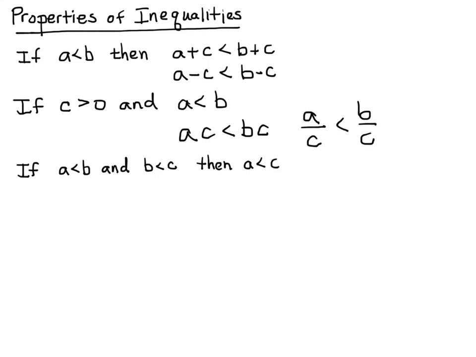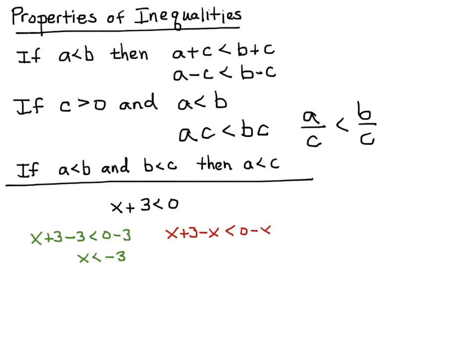But if A is less than B and B is less than C, then A is less than C. This is called the transitive property of inequality. It's a little like: my sister is younger than me and I am younger than my brother, so my sister is younger than my older brother, right? That's the kind of thing it's addressing.